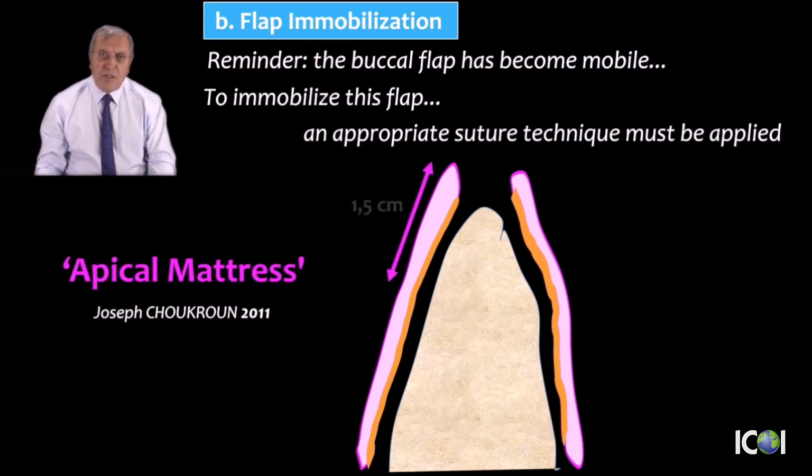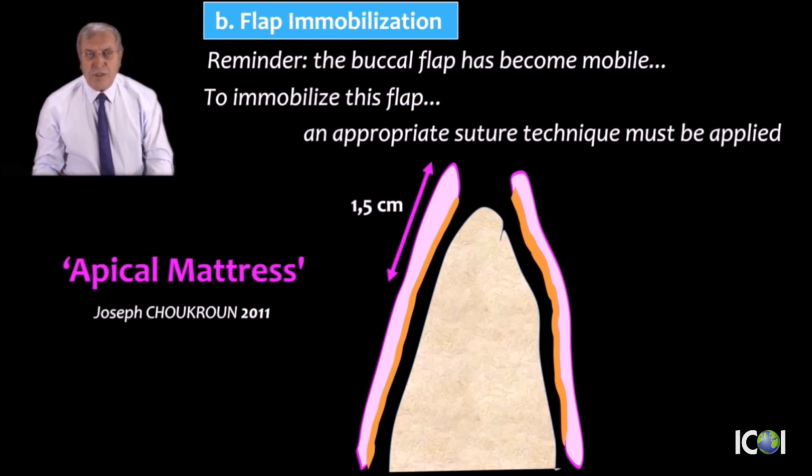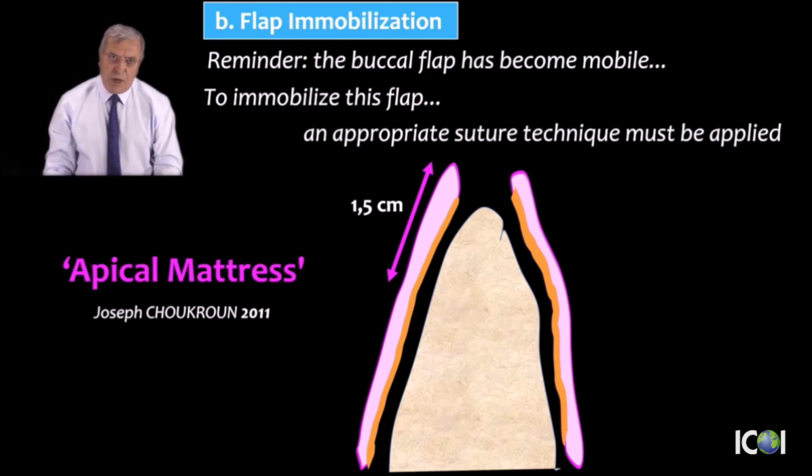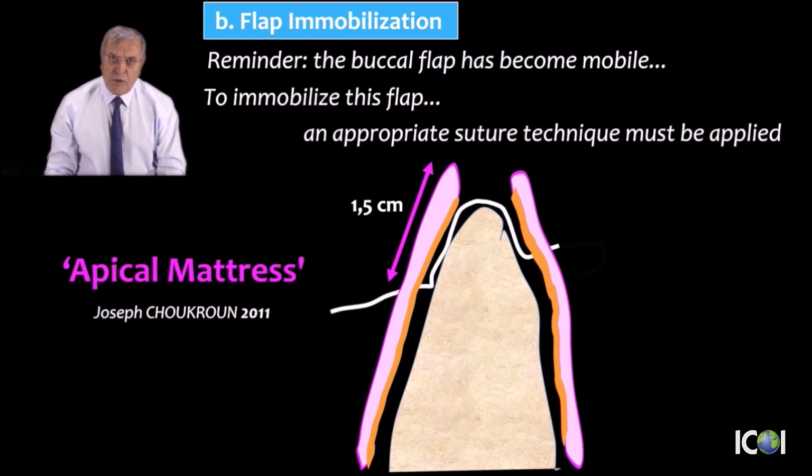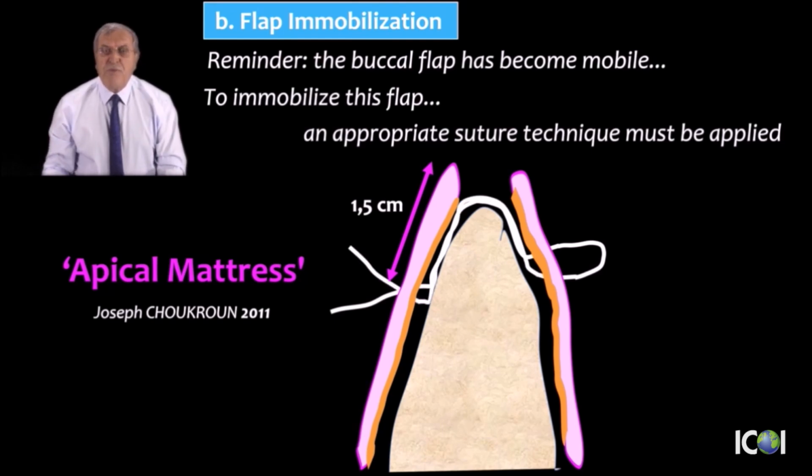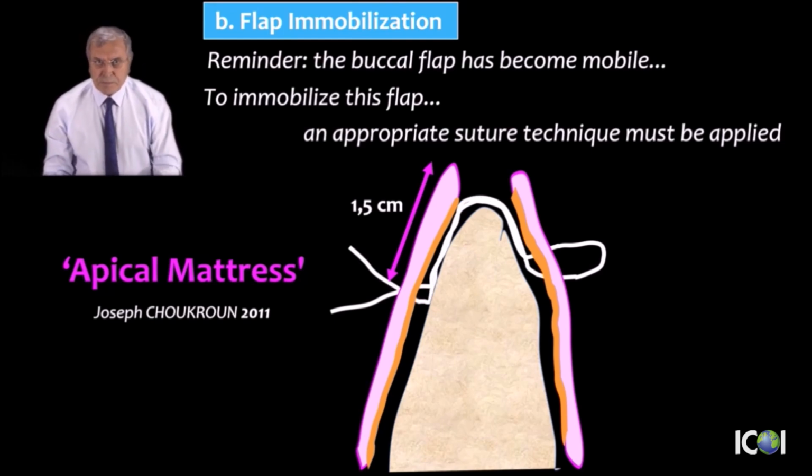The apical mattress is a horizontal mattress, but very deep. This is why it's apical. At least 1.5 centimeter from the margins. And then when we close, we are sure that the full flap in the buccal zone will be fully stabilized.